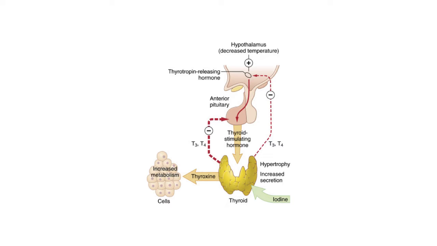So let's recap that. The hypothalamus will release thyrotropin releasing hormone, which goes into the portal circulation and goes into the anterior pituitary gland. The anterior pituitary gland will respond to thyrotropin releasing hormone by secreting thyroid stimulating hormone, which is also known as thyrotropin.